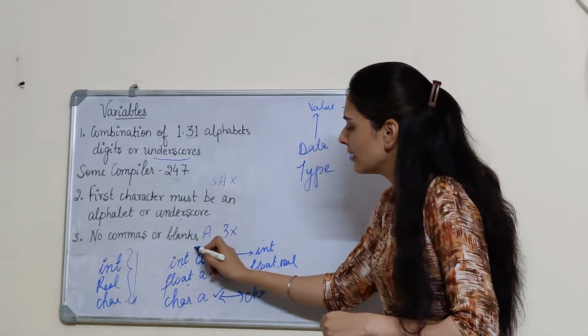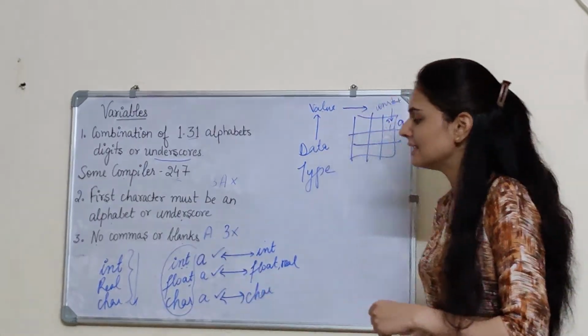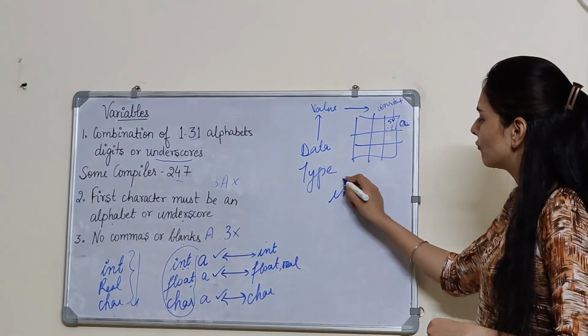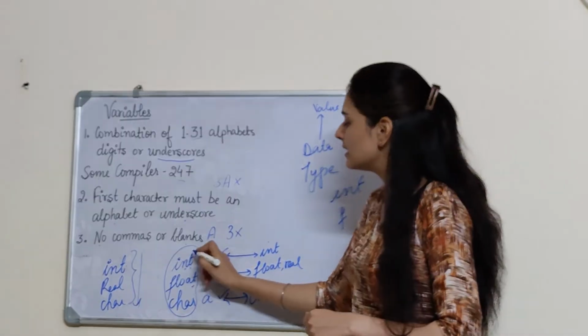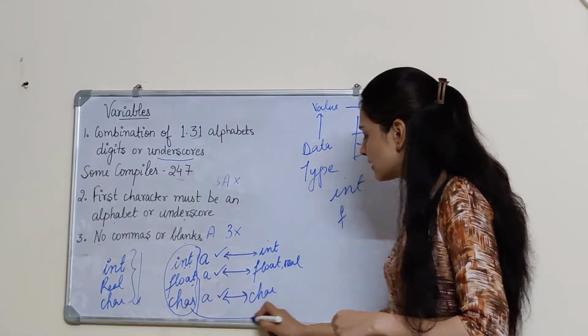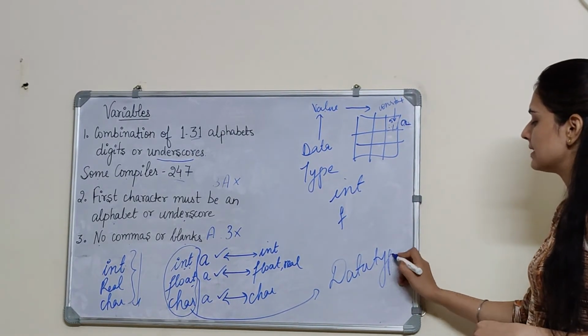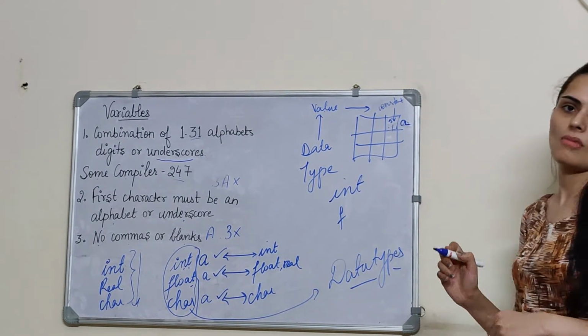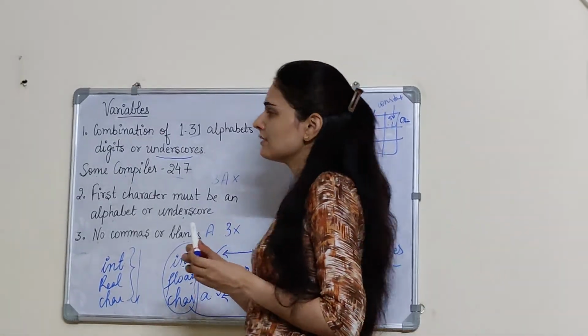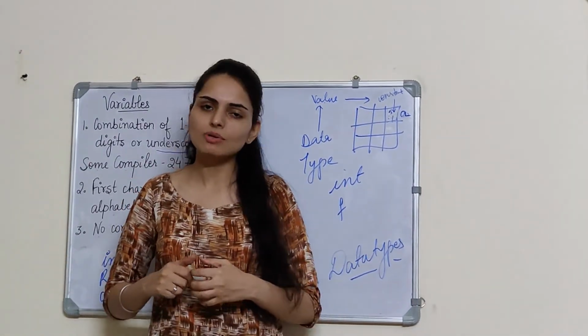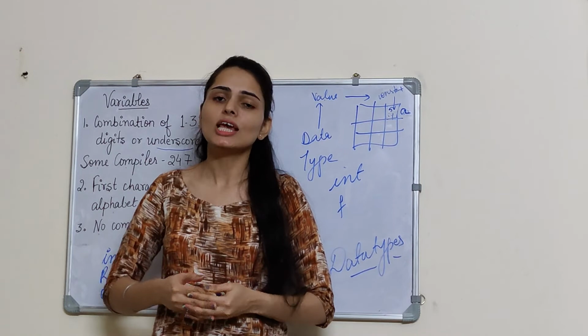So we can say that all these names, that is integer, float and character, are also known as the data types in C. So with this we have seen the concept of variables and constants in C language.